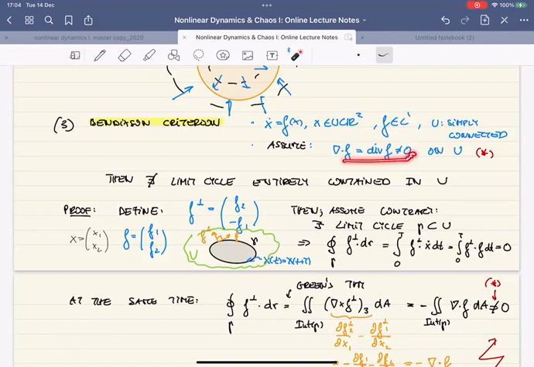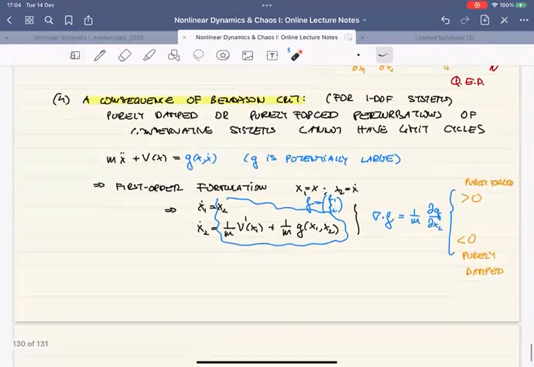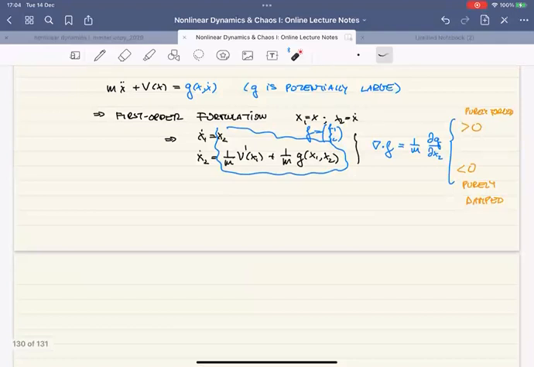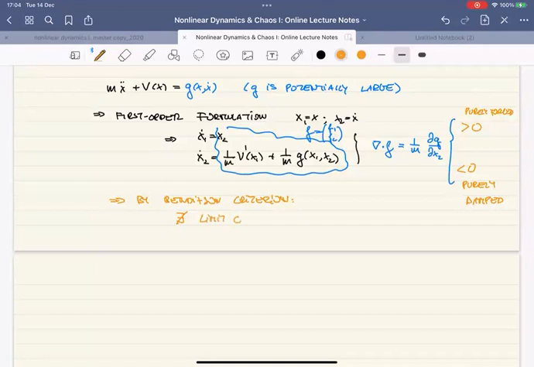So for any choice of U, you cannot have a limit cycle in U. The conclusion is that by the Bendixson criterion, there exists no limit cycle in U for any choice of U.